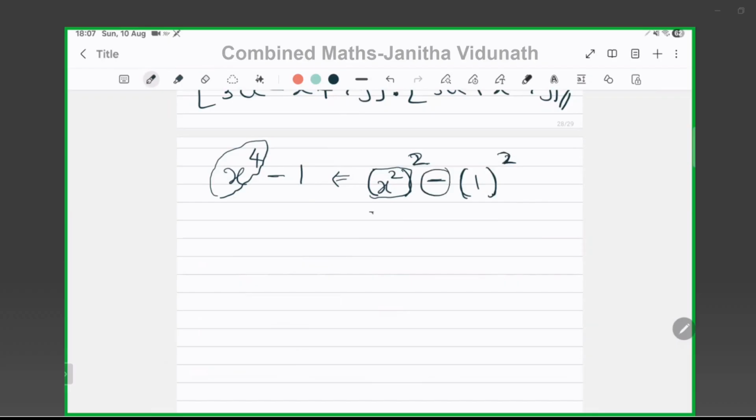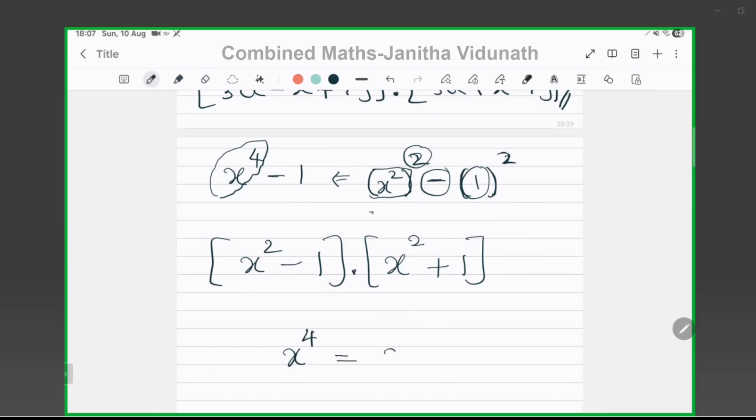And also we have different signs in the middle. Then we need to check the term inside the square. We observe that the first term inside the square is x square. Then we simply get the first term minus second term inside the whole square, times first term plus second term. Let me repeat. Here x to the power 4 means x square to the power 2.